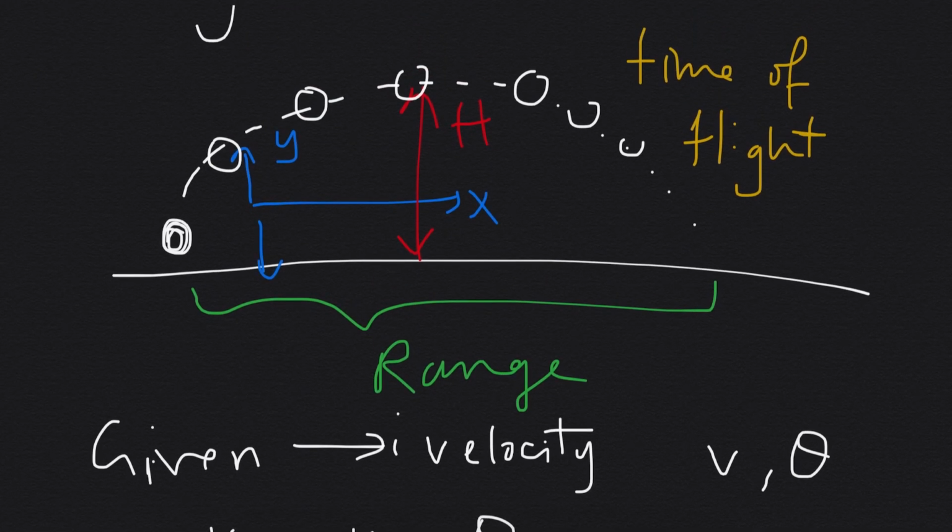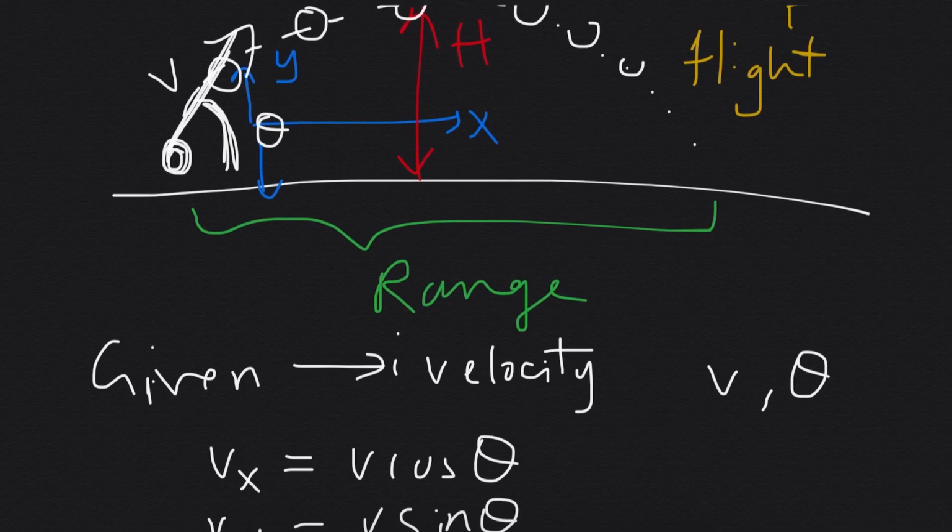Otherwise, you could just leave it as v and theta, where v is the initial velocity that we're throwing the ball at, and theta is the angle you're pitching it at. So it's more clear, I think, in terms of v and theta. x and y just make it a bit more complicated. But for our purposes, we're going to actually solve the equations in terms of x and y.